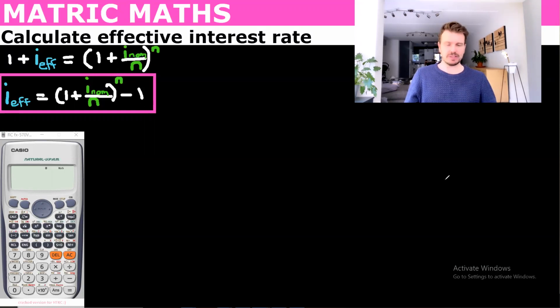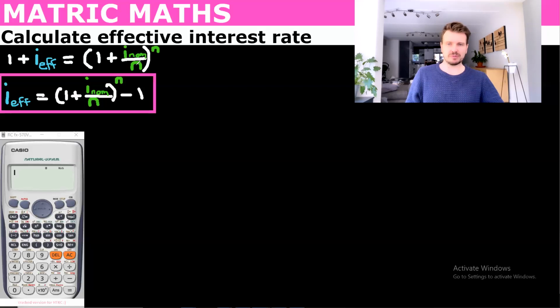So let's just go through the formula and then we'll do a couple of examples, and we'll use the example I just said, your money in the bank. Okay, so it starts with this formula here, which says 1 plus I effective is equal to 1 plus I, the nominal or the nominated. So that's the interest rate you get quoted over the period that you get quoted it by.